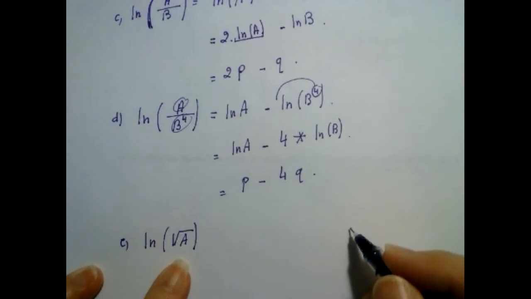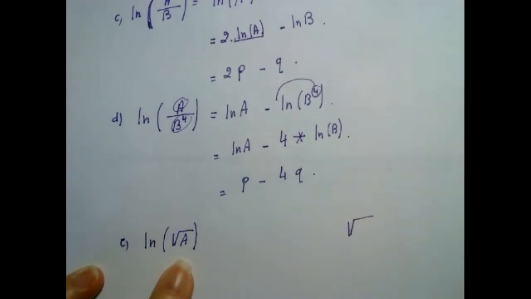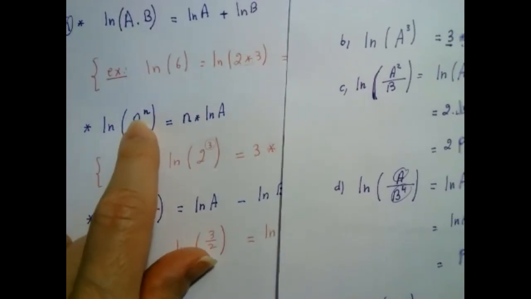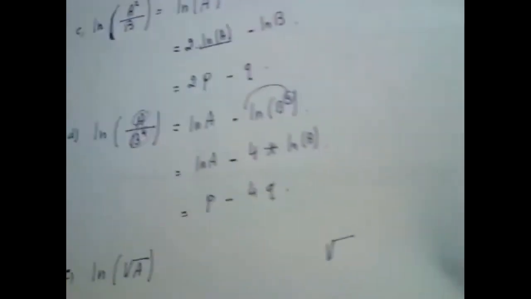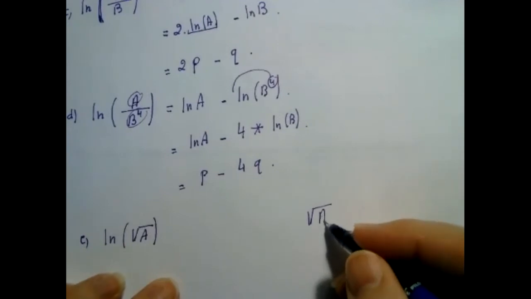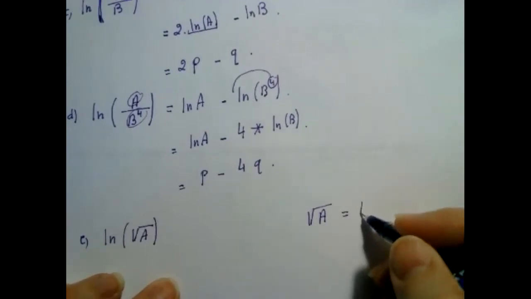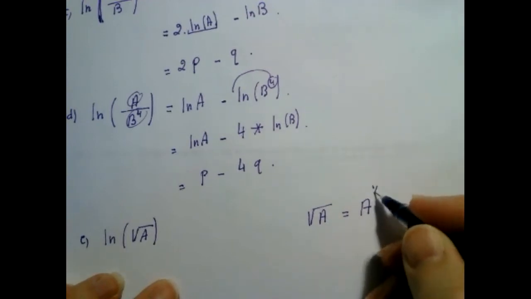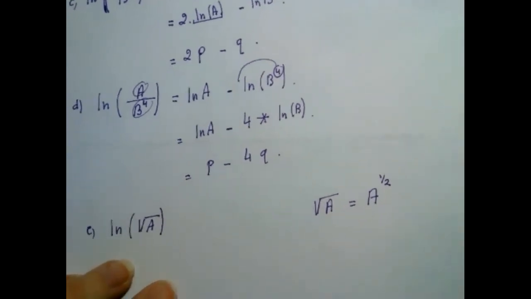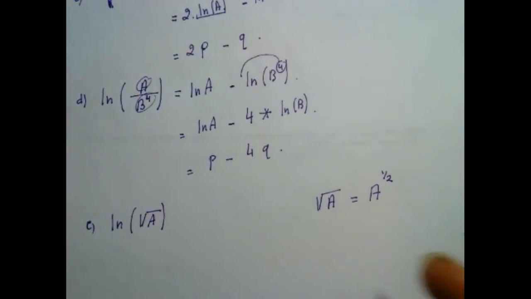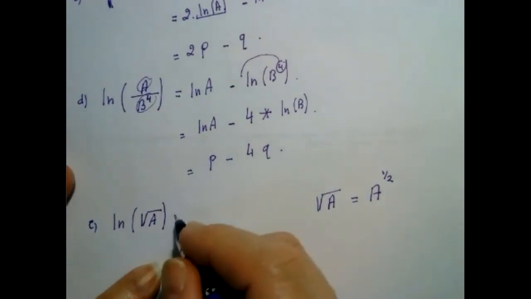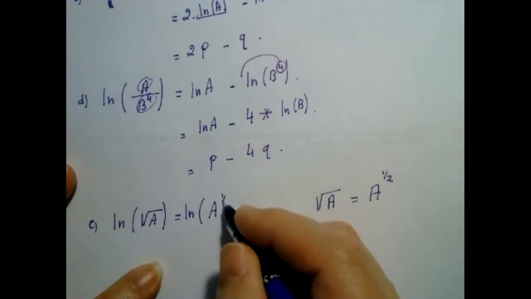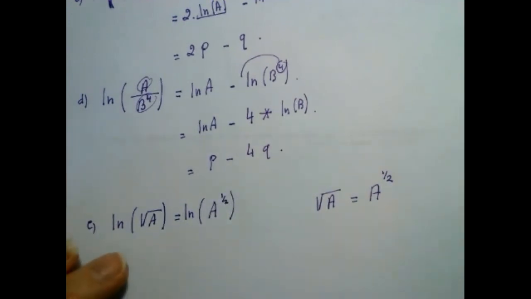Okay, first, what's the square root of A? As you realize, in all the properties of the log, we don't have square root. It involves something to a power. So to be able to use them, I have to rewrite this as A to the power. The square root is A to the power a half. So I have to start here to bring the exponent into the picture. So this will give me ln of A to the power a half.